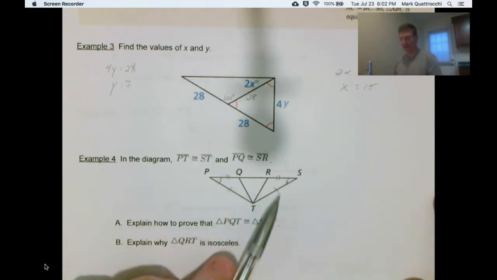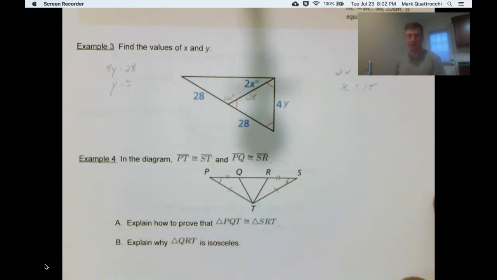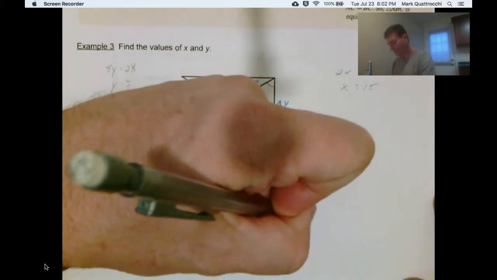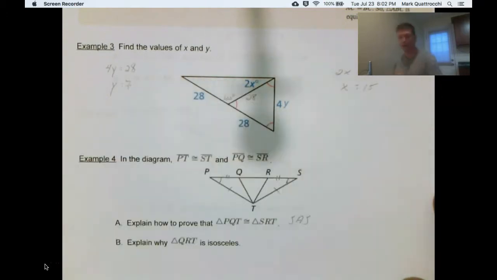This is something that will become very clear to you in the next unit. Don't worry about understanding it now.